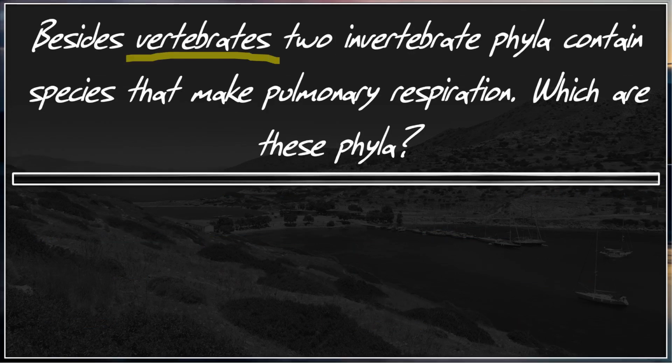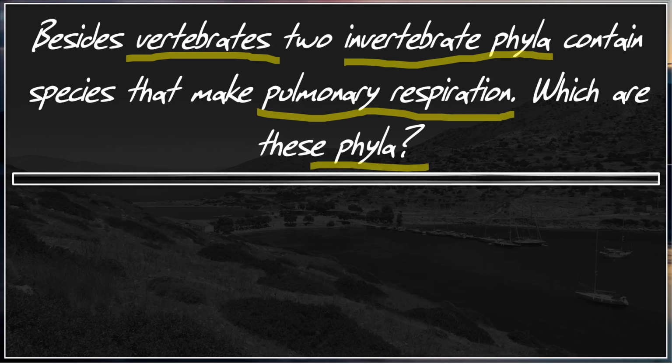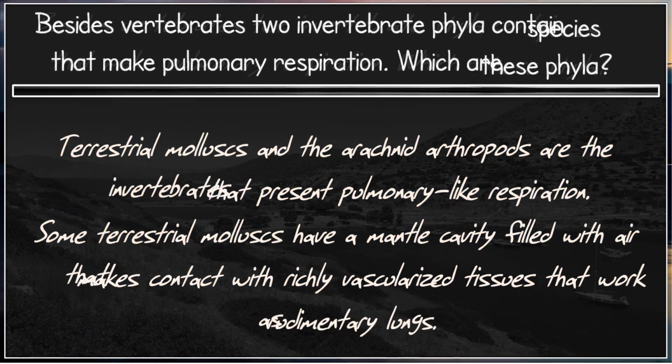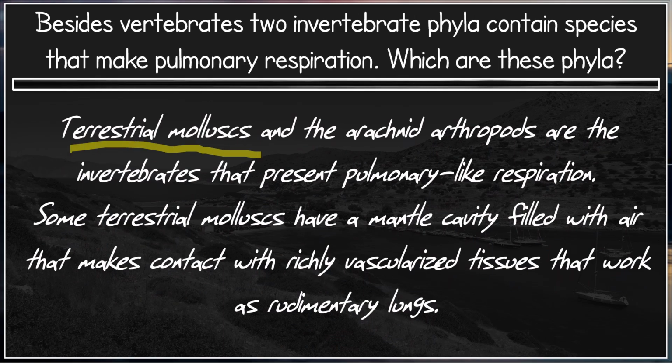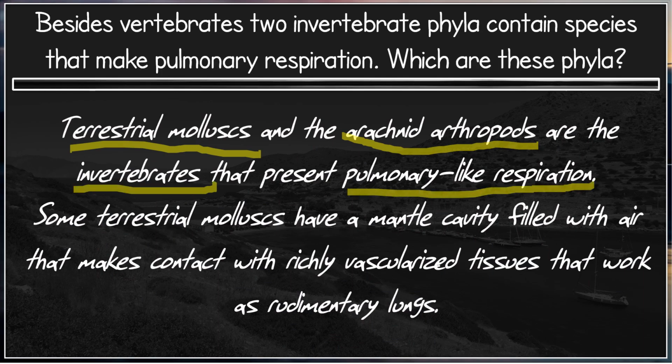Besides vertebrates, two invertebrate phyla contain species that make pulmonary respiration. Which are these phyla? Terrestrial mollusks and the arachnid arthropods are invertebrates that present pulmonary-like respiration.